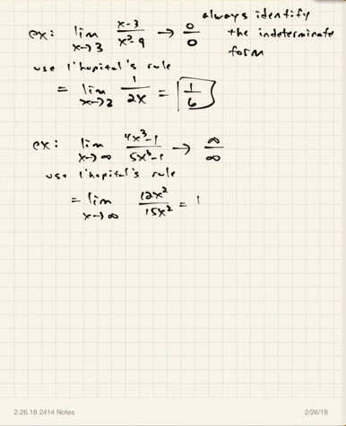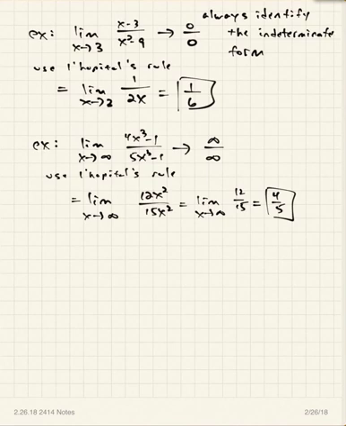This is just the limit of a constant, 12/15. And what is 12/15 reduced down to? It reduces down to 4/5. So this limit's got to be 4/5, which is what we saw a few minutes ago. And so certainly L'Hopital's rule works really nicely on problems like that, because it's a quick way to get through the limit.